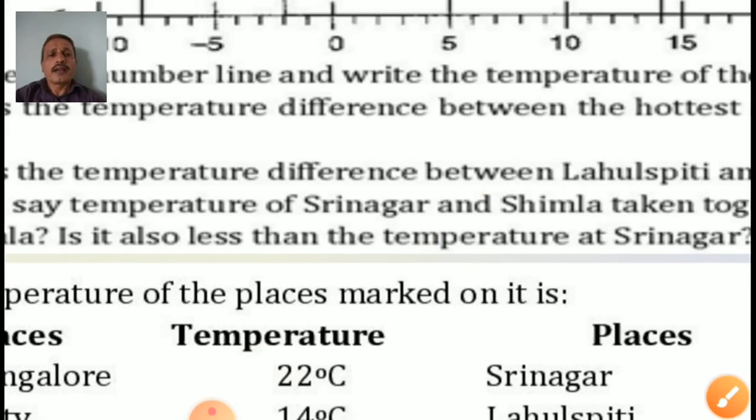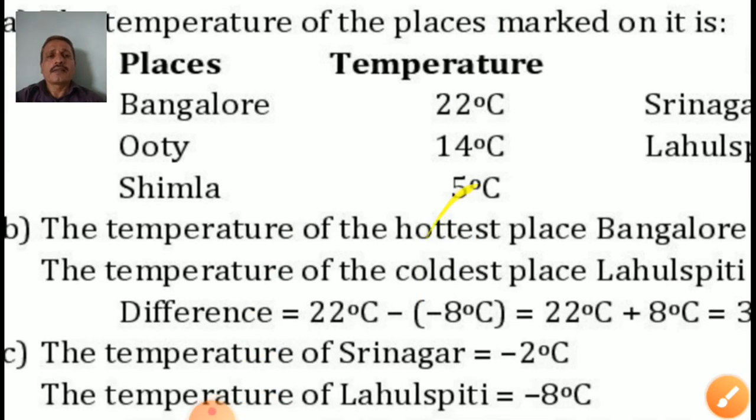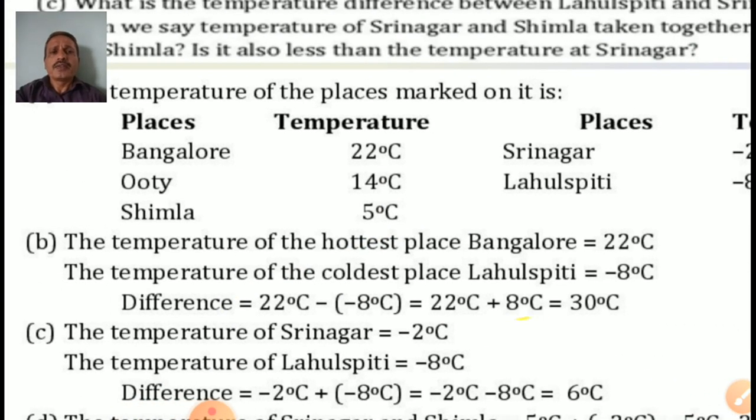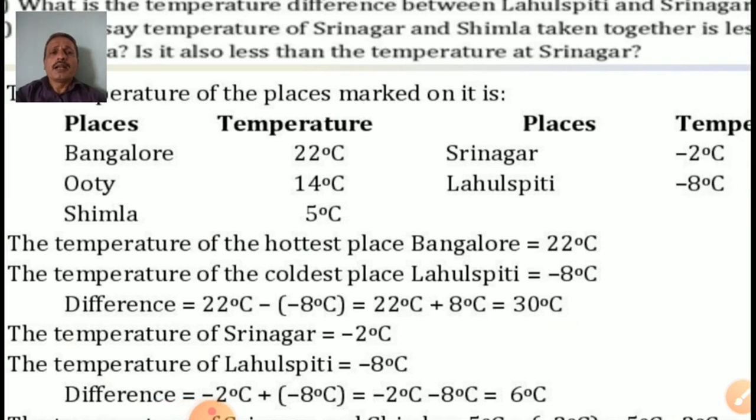Now look at B. What do they ask us in B? The temperature of the hottest place. So you can compare the temperatures. Whose temperature is more? It's the hottest place. Yes, that's Bangalore. And how much is it? Yes, 22 degrees centigrade.